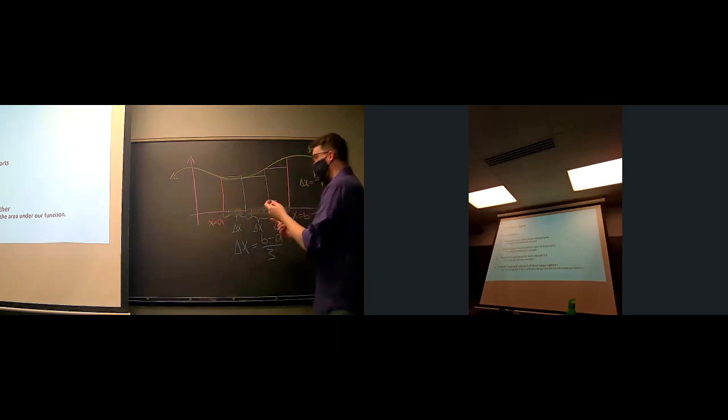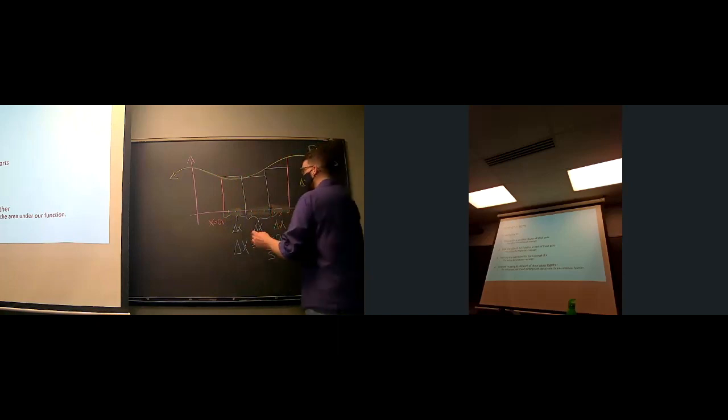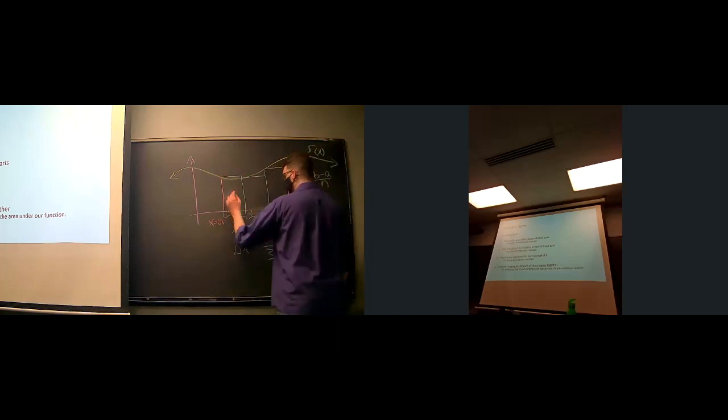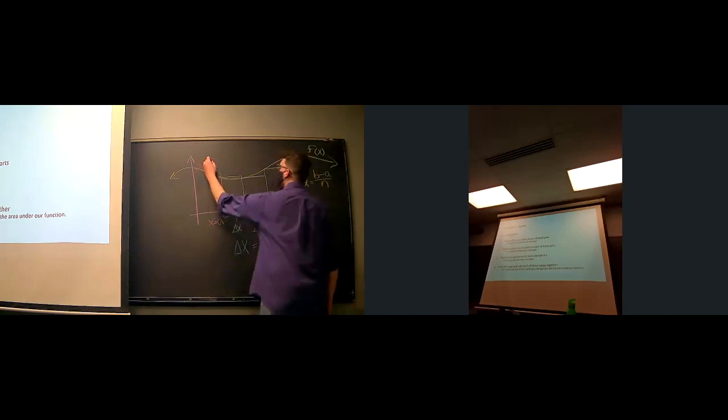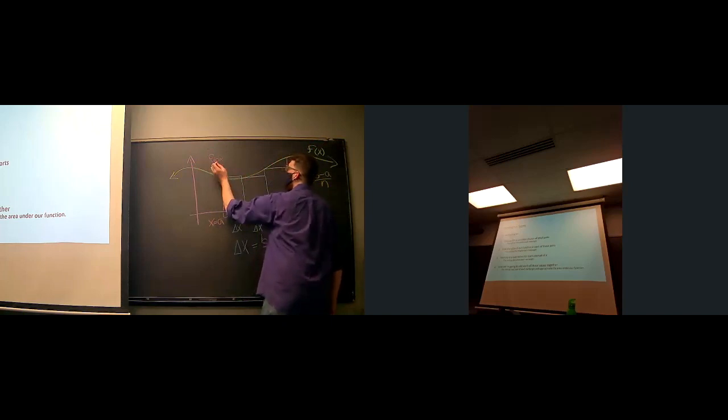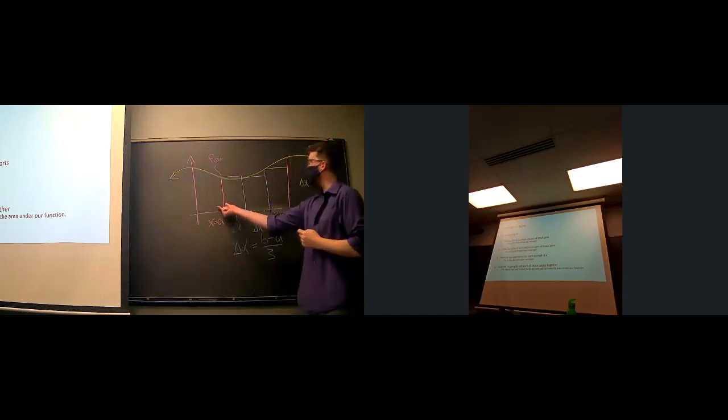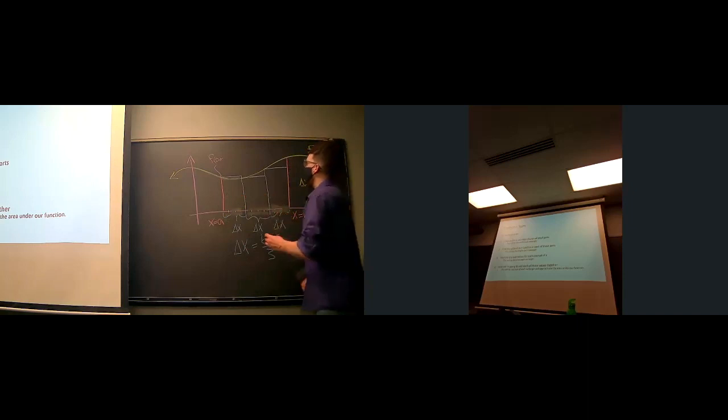So the height of each of these rectangles is going to be f of a plus, well, in this case, it's f of a. Here it's going to be f of a plus delta, right? Here it's going to be f of a plus 2 delta.